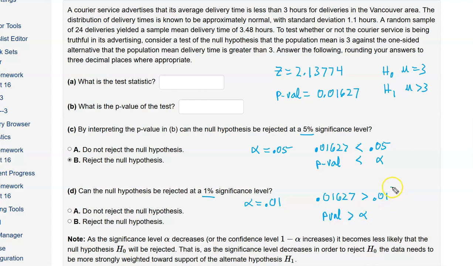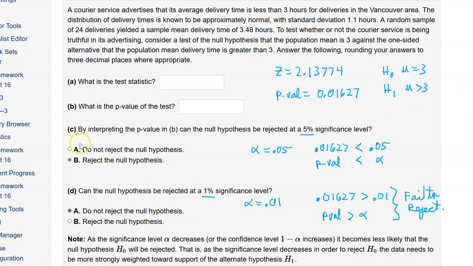So in this case, we fail to reject H0. And so at the 1% significance level, we have no reason to believe that the company's claim is false. So let's take note here that we would click do not reject the null hypothesis.